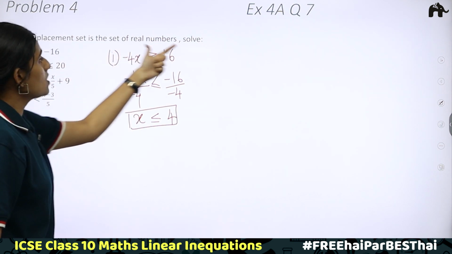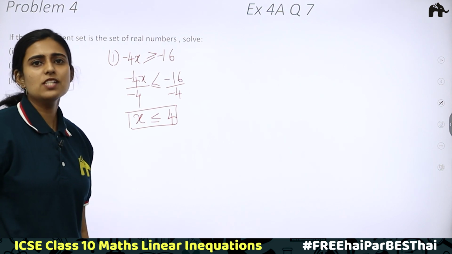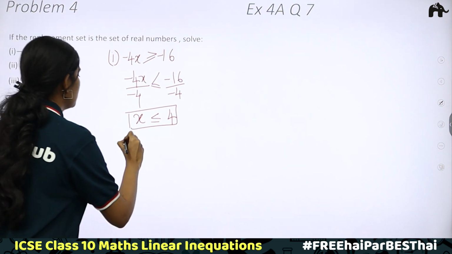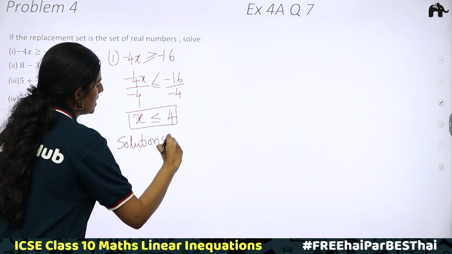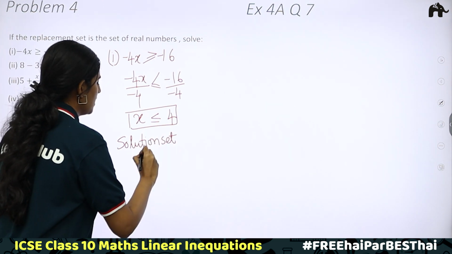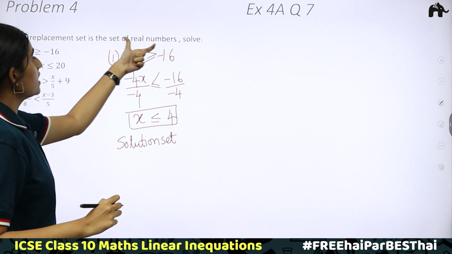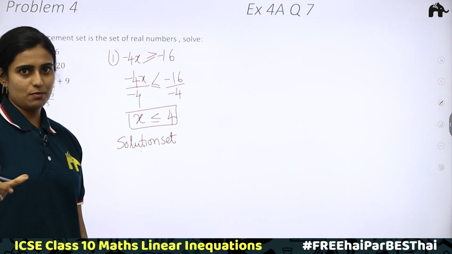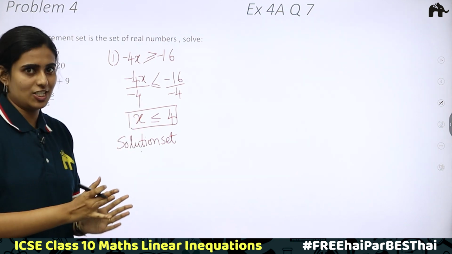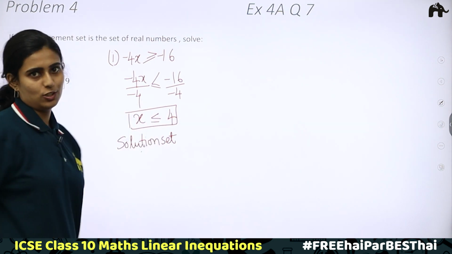Now we need to solve, which means we need to find the solution set. What is the solution set here? The replacement set is a set of real numbers. So first we have to add that condition and the condition that we got.